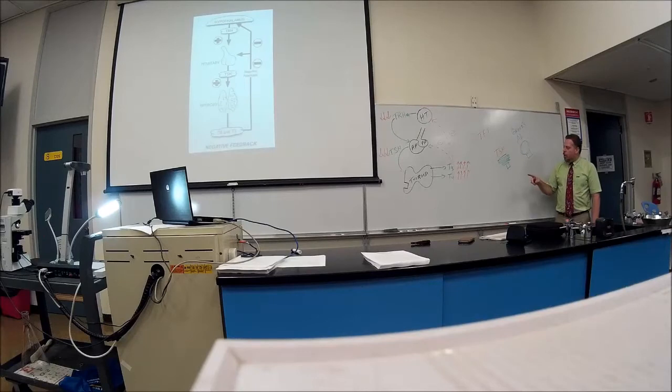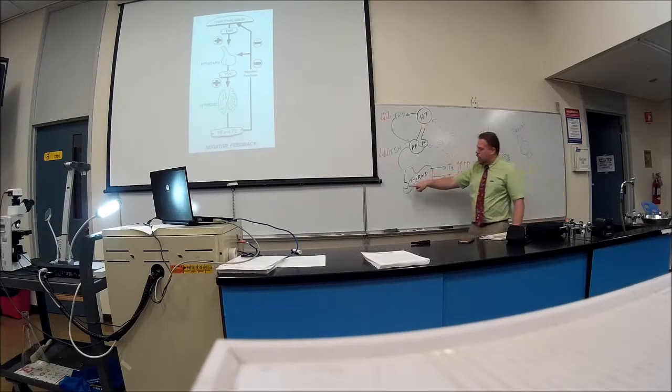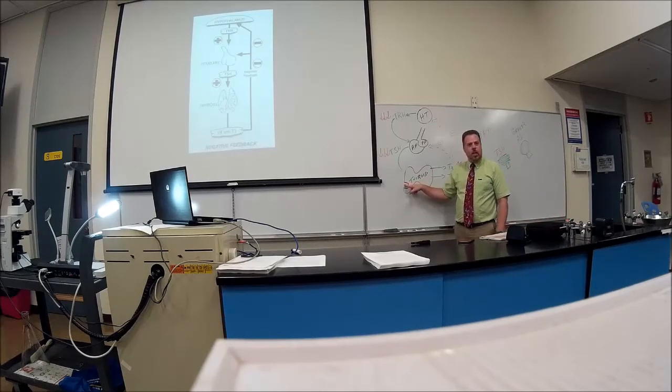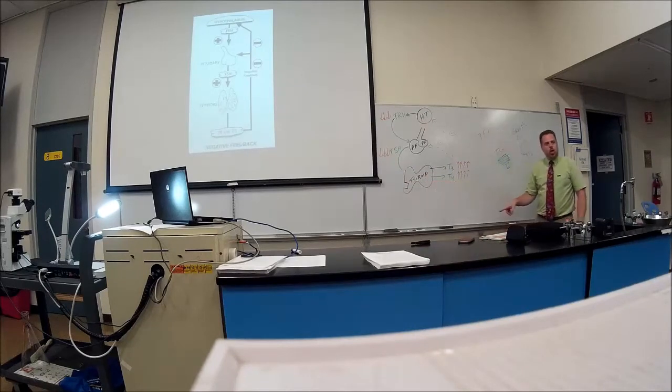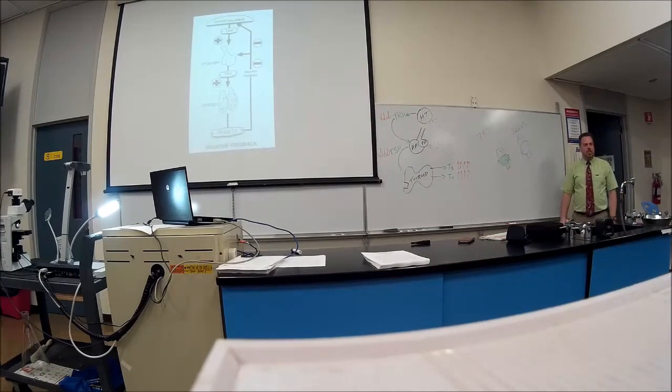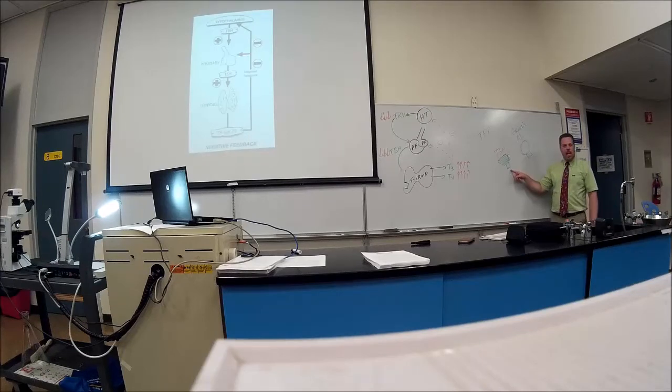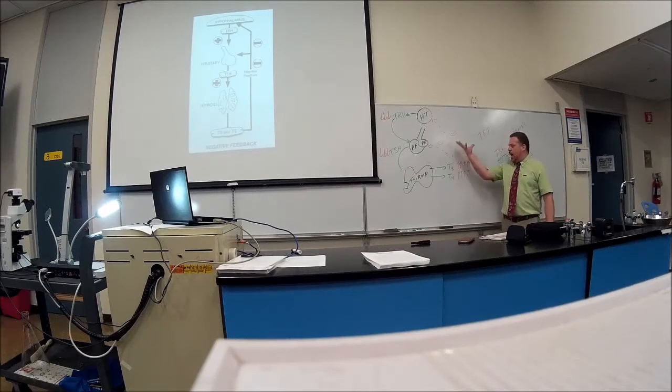But the part that goes in the receptor looks exactly the same as TSH. So now your body's making a ton of these things, and it goes in here, in the bloodstream, and it goes into here, and turns on the thyroid. You now have an imposter that is not TSH, that is turning on your thyroid, and now you're going to make a whole lot of T3 and T4.